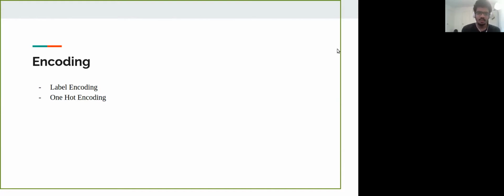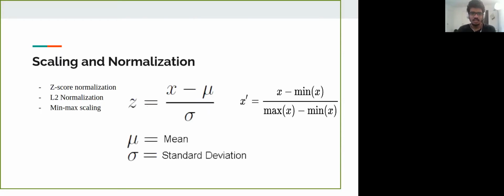Whenever the categorical variables have categories that have an order, that is, ordinal categorical data, we'd use label encoding, and in other cases, we'd use one hot encoding. And so yeah, moving on.